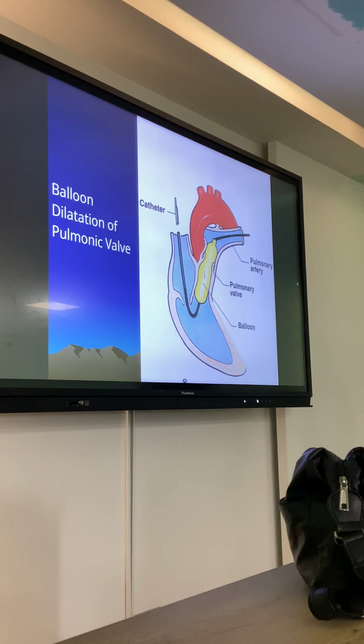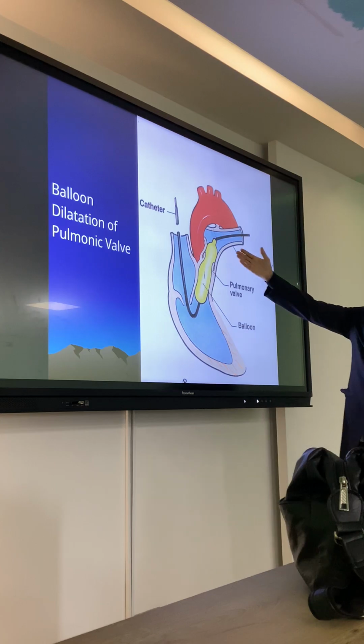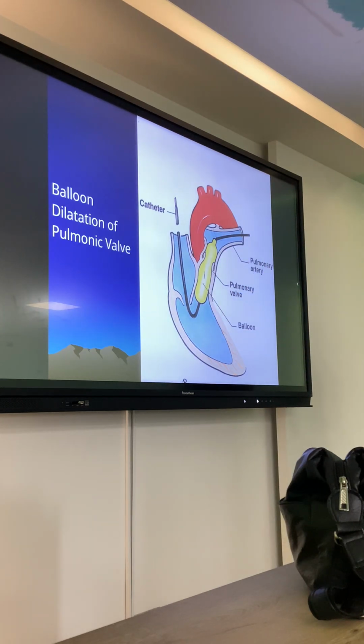Everywhere you have a stenosis, the angiographic doctors can go and put a balloon. It is not for a long time. They try to dilate the place and go out. It is not left there for many times, only for dilating, and then it goes up. This is the method, balloon dilation of the pulmonic valve, to increase oxygenation.